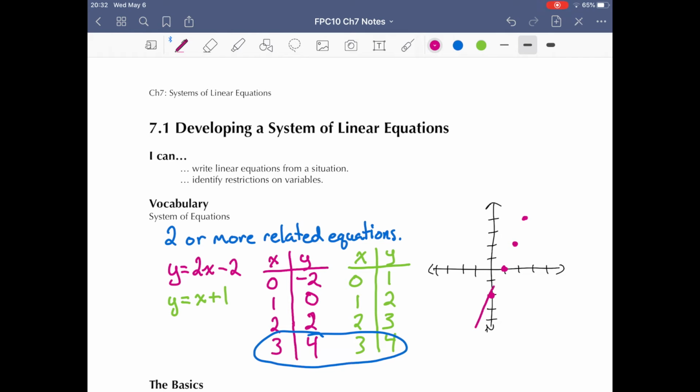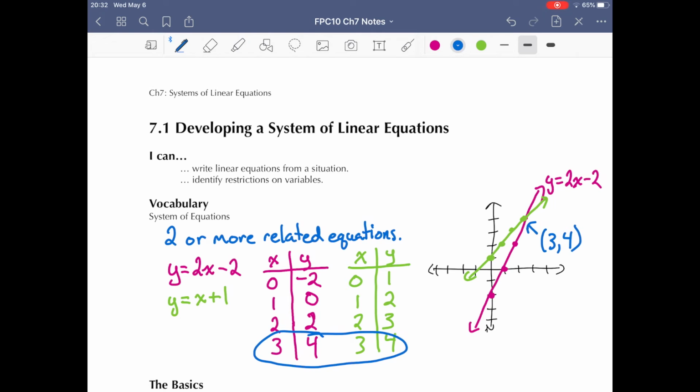The first one looks like this, y equals 2x minus 2. And our second one, y equals x plus 1. So I'm going to graph that in green. So we start here, 1 and 2, 2 and 3, 3 and 4, right there. See those graphs cross right at our solution. Our solution is the point at 3 and 4.